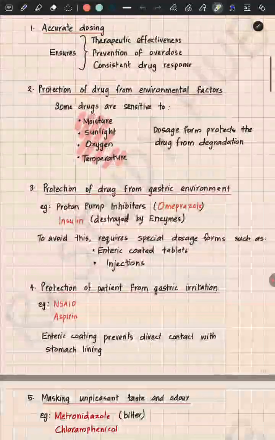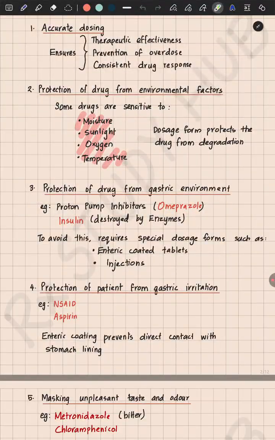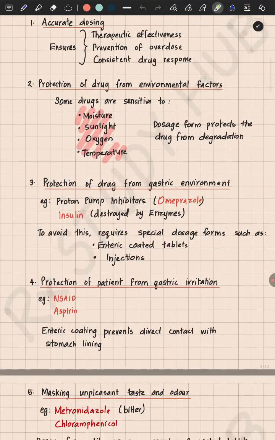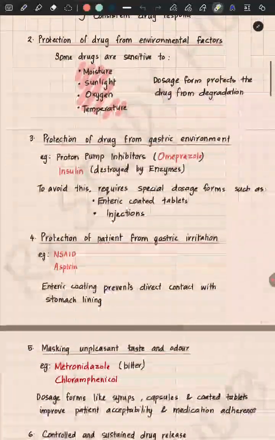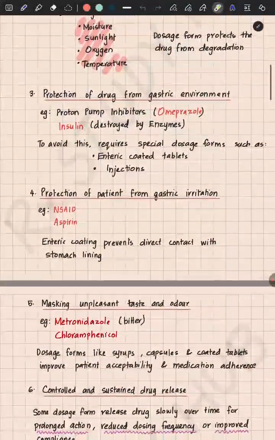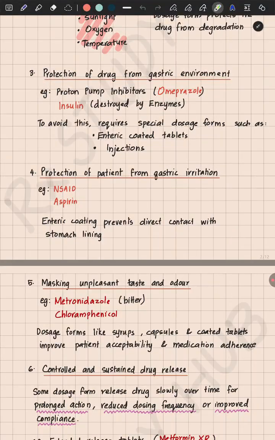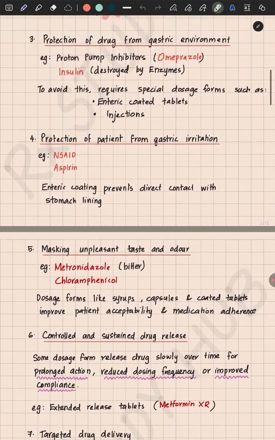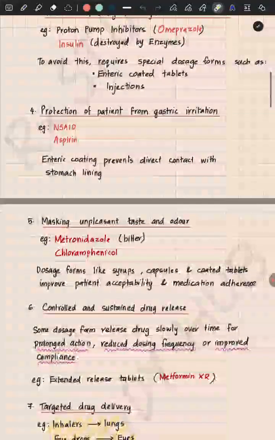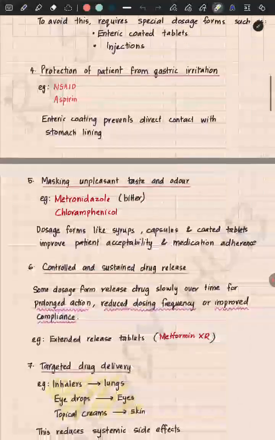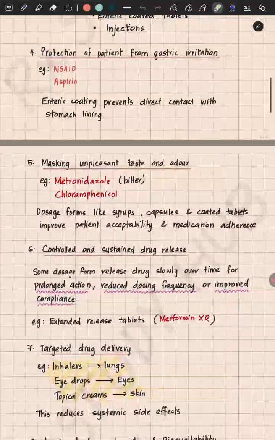They allow modification of drug release, meaning the drug can be released immediately for quick action or slowly over time for prolonged effect. In some cases, dosage forms are designed to target specific areas of the body, such as inhalers delivering drugs directly to the lungs or topical preparations acting on the skin.